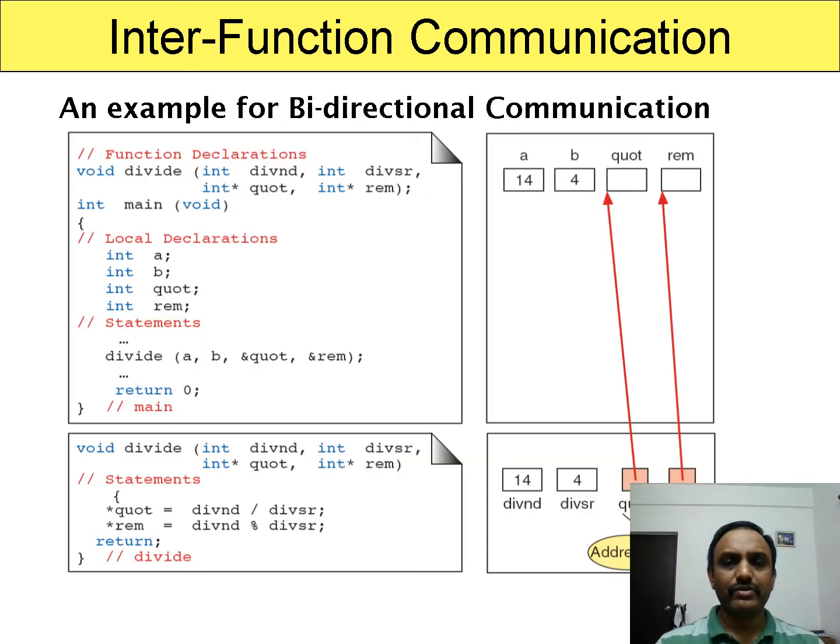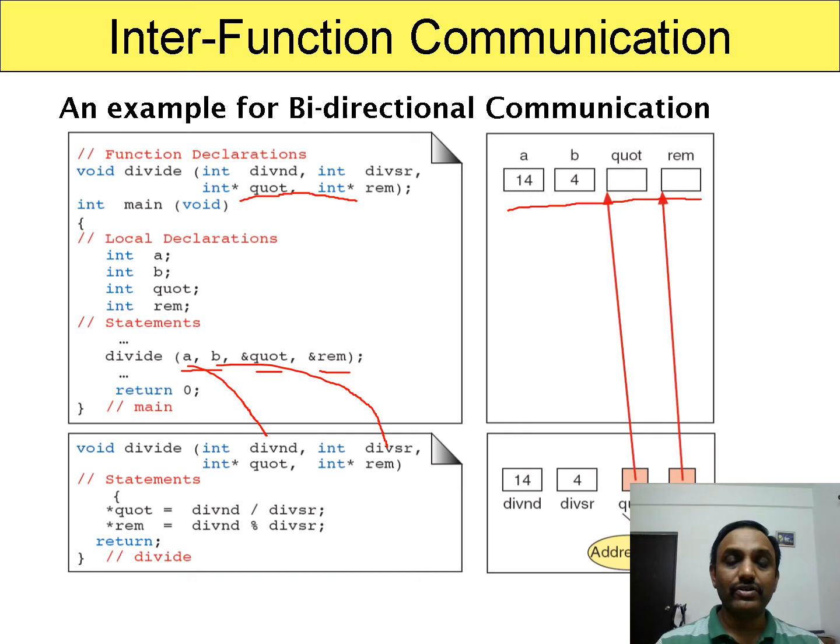See another example for bidirectional communication. Here I am taking two integer arguments and two integer pointer arguments. Those four I am sending to my function definition. A, B are my integer arguments, and quotient and remainder. Okay, so those addresses I am sending here. So here memory is assigned for four. Okay. So now A is assigned to dividend, B is assigned to divisor, and quotient and remainder are the pointers.